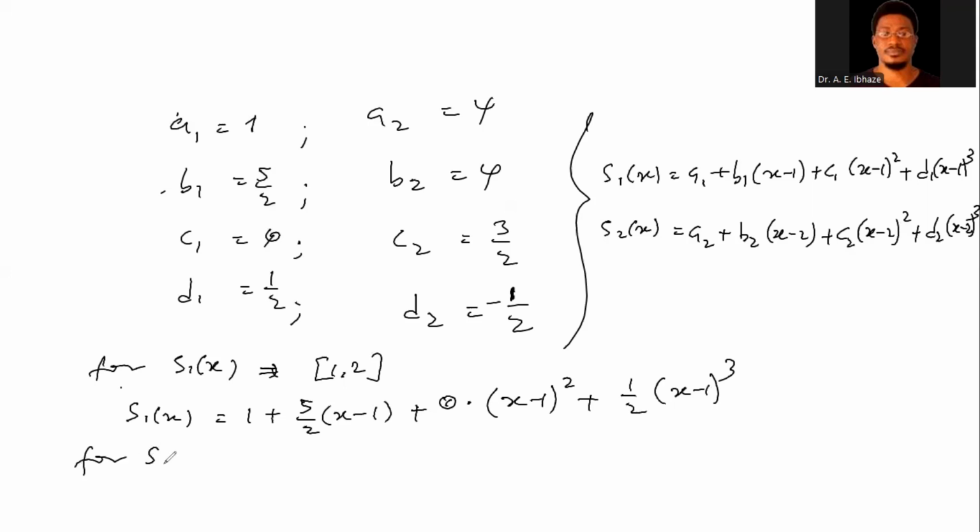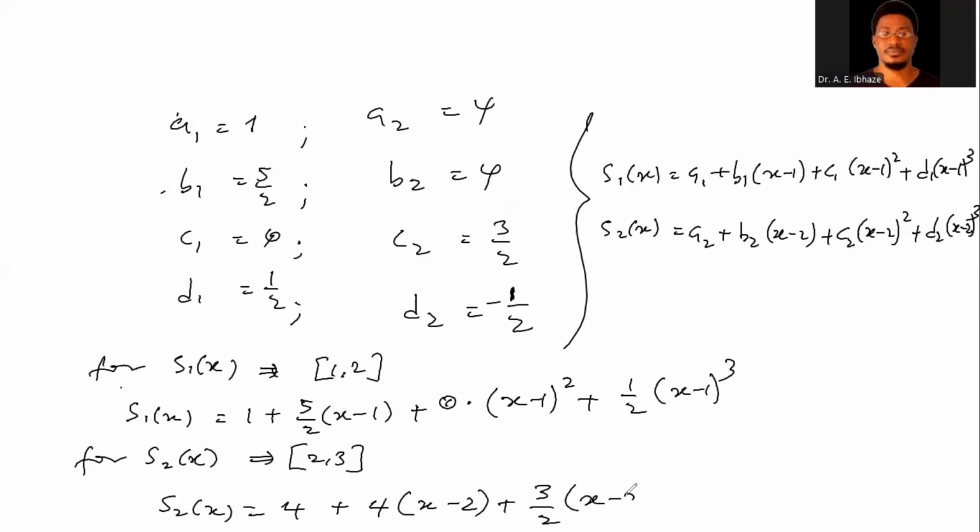Also, for S2(x) on the interval [2, 3], S2(x) will now be the same as A2, which is 4, plus B2, which is 4, times (x minus 2), plus C2, which is 3 over 2, (x minus 2) squared, minus 1/2 (x minus 2) cubed.